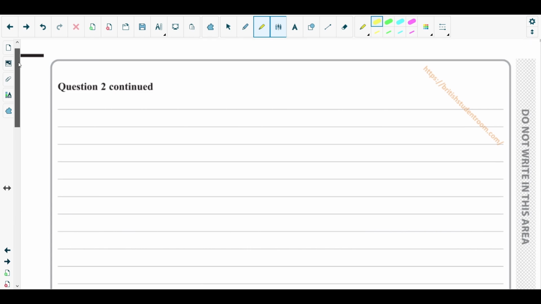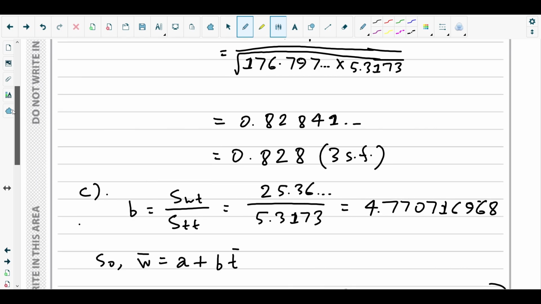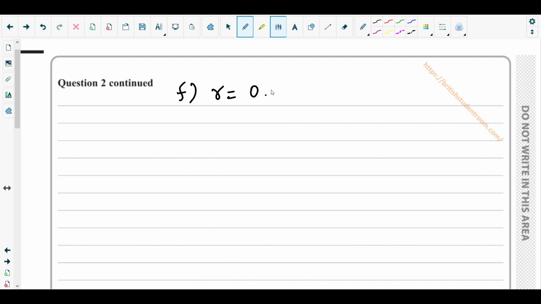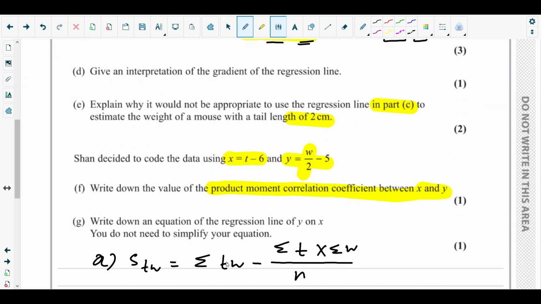So the value for r remains as it is. It was 0.828 earlier, so that would be 0.828 to 3 significant figures. PMCC is not affected by coding.